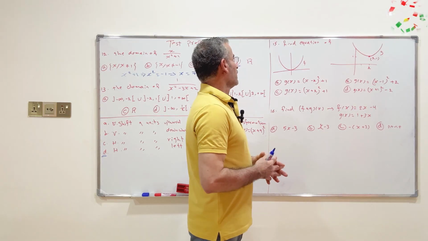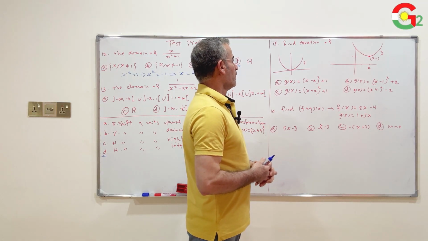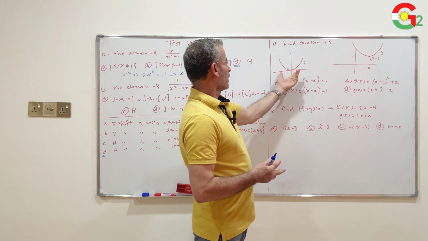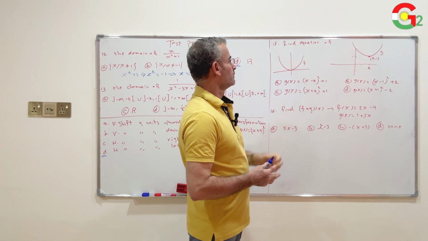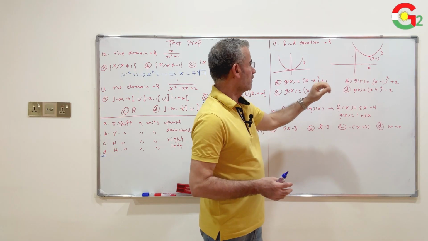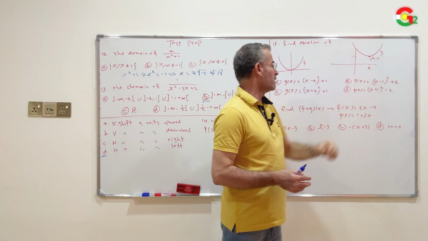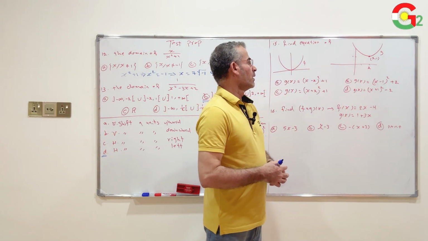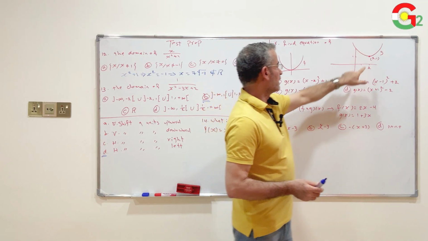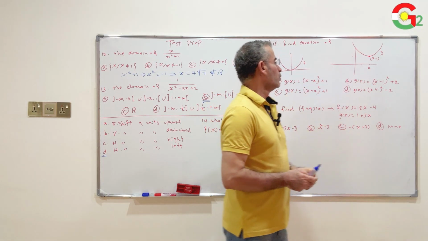Question number 15. Find the equation of g of x using the graph on the left. I can find it without using this graph. As you know, this graph is for a quadratic equation. The vertex here is 2, 1.